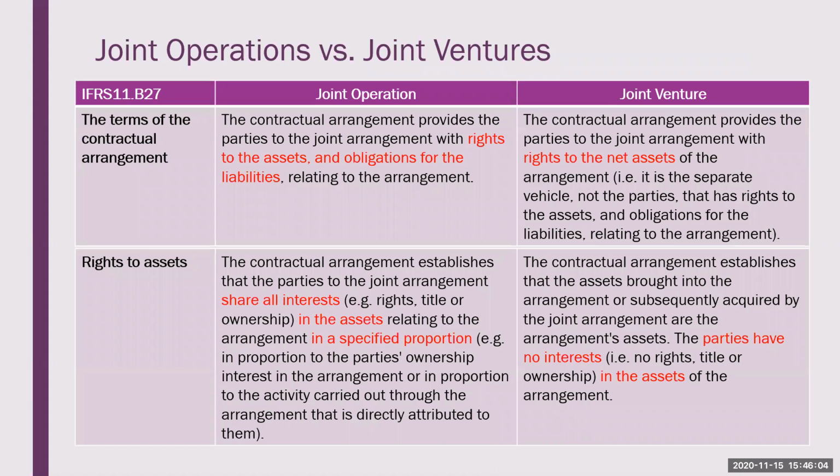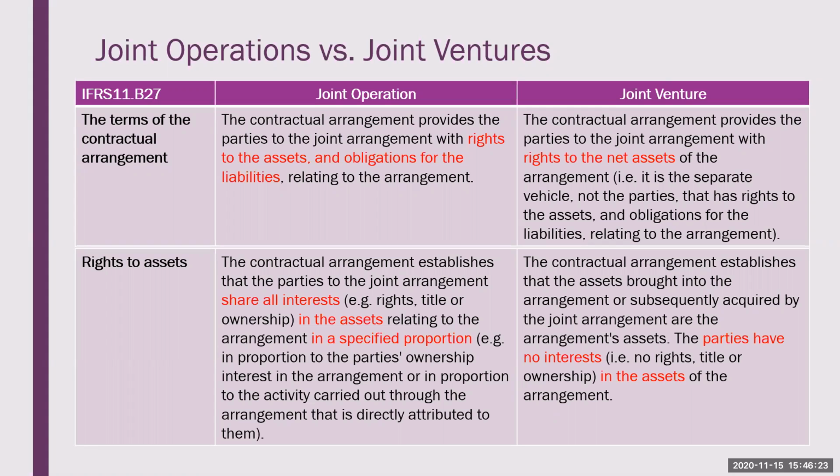So if we were to compare joint operations versus joint ventures closely, you want to take a look at the terms of the contractual arrangement. If the contractual arrangement provides the parties with rights to the assets and obligations for the liabilities, it's a joint operation.